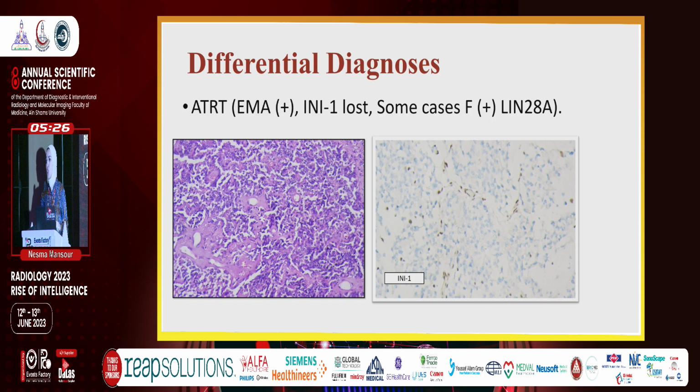Keeping in mind the differential diagnosis discussed previously by my colleagues and professors, we have ATRT. Unlike our case of ETMR, which showed retained INI1, here we have lost INI1. Some cases of ATRT actually show focal positivity for LIN28.